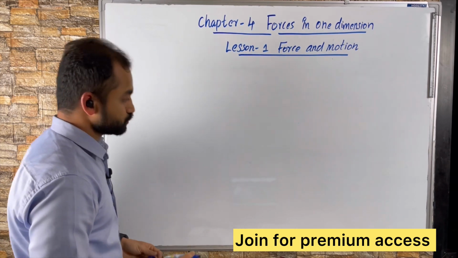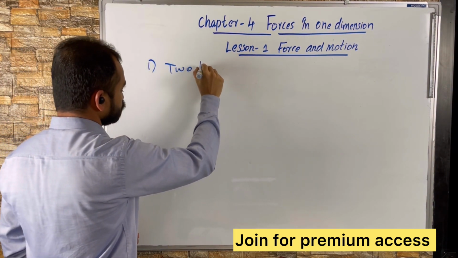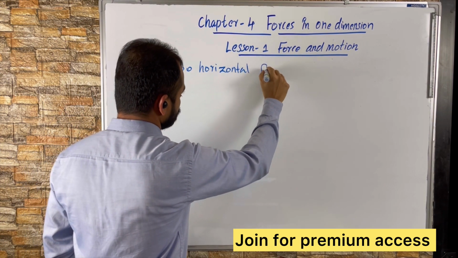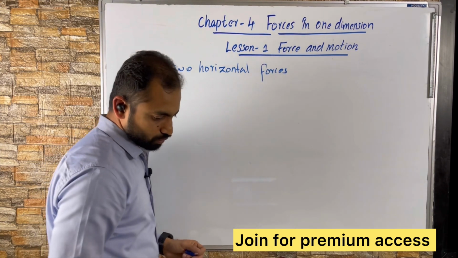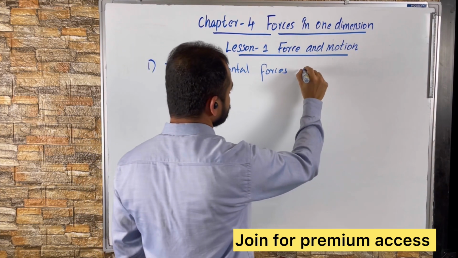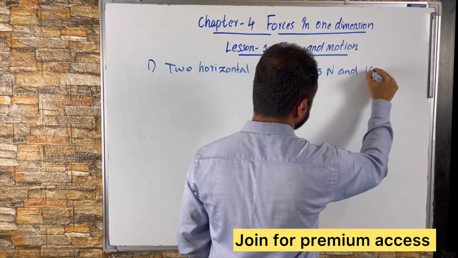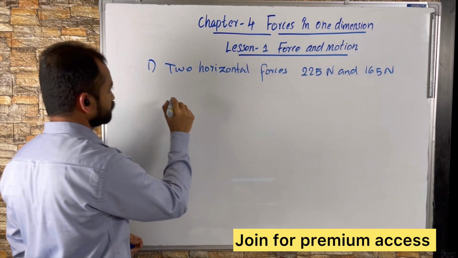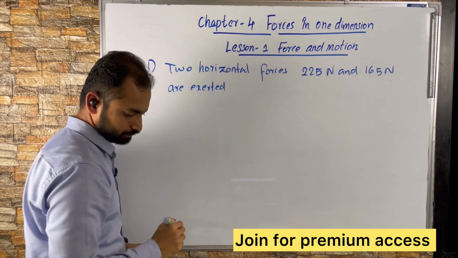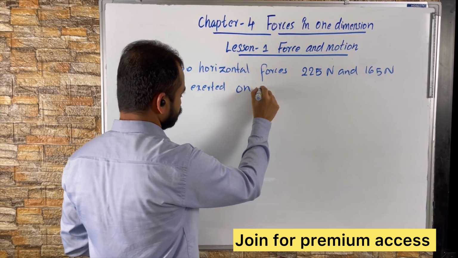Two horizontal forces, question number 1. Two horizontal forces, 225 Newton and 165 Newton, are exerted on an object.